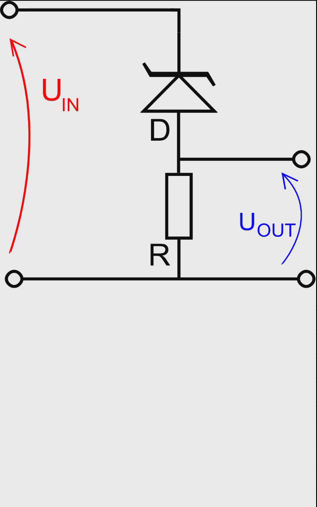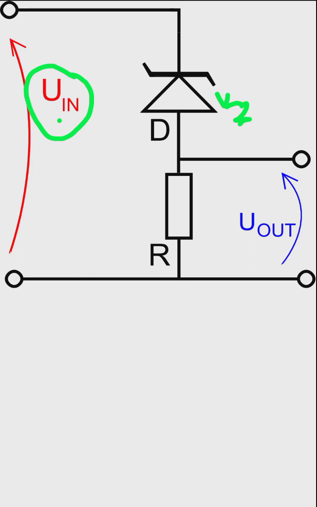So we see that when the U in, this input voltage, is greater than the VZ, or the Zener breakdown voltage of the diode, the diode gets reverse biased and conducts.